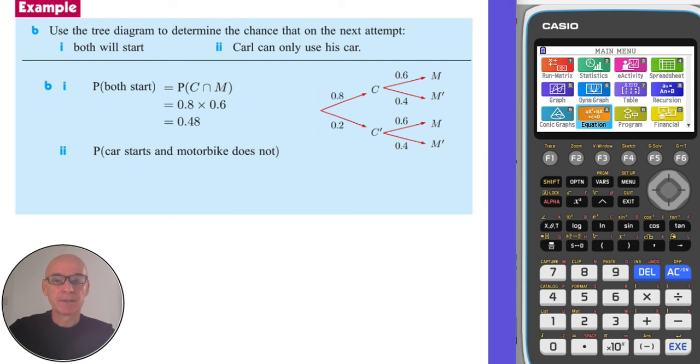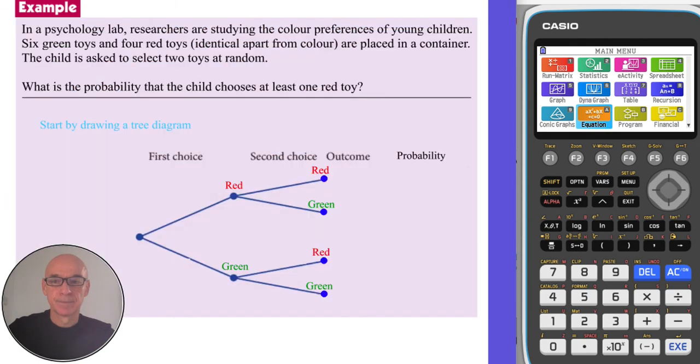The probability that Carl can only use his car means that the car starts and the motorbike doesn't start. And that's the second branch. So that's 0.8 times 0.4, and that's equal to 0.32.